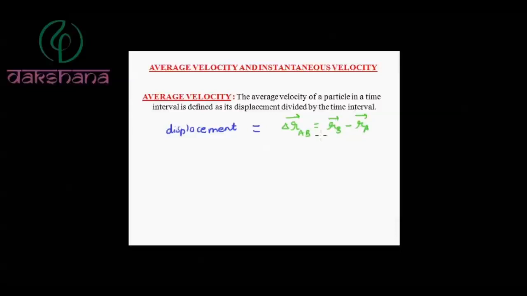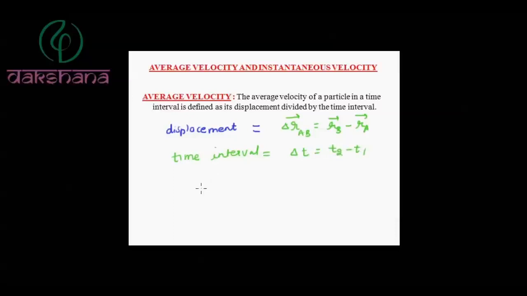This is the change in the position vector, which is displacement, and it happens in the time interval delta t, that is t2 minus t1.